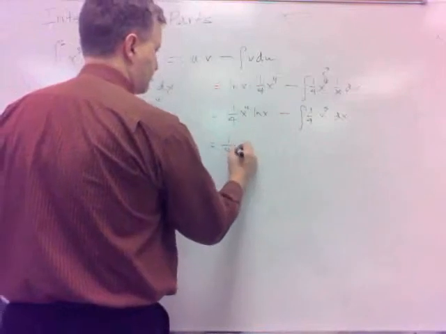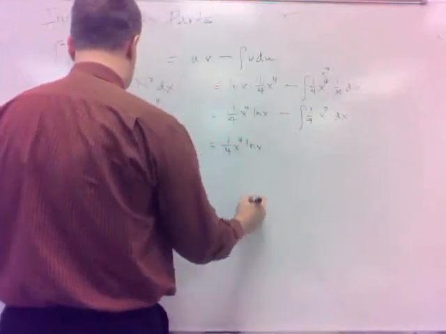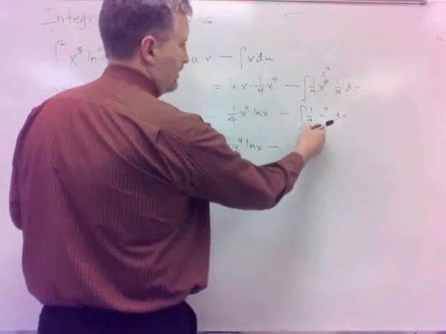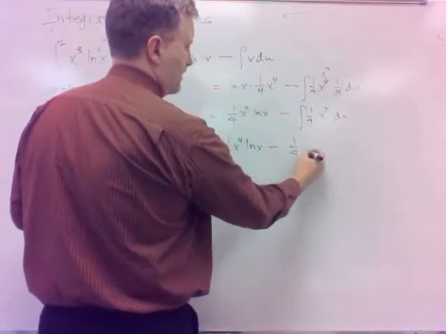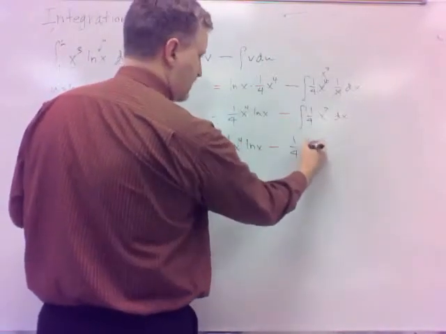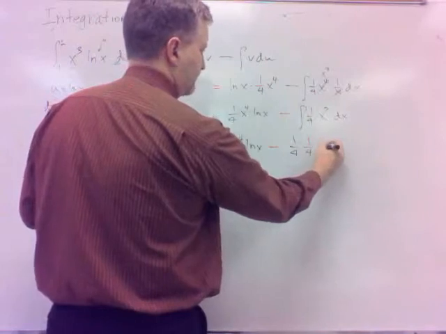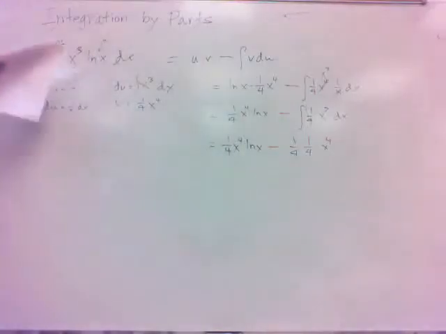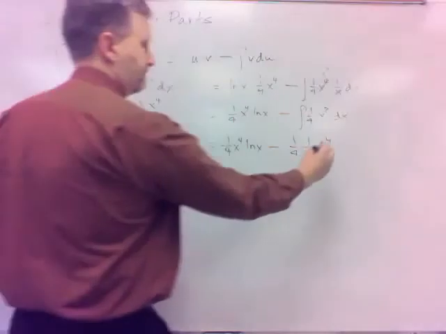So the 1/4 x to the 4th ln of x minus, well, the antiderivative here would be, bring down your 1/4, and the antiderivative, that would be another 1/4 x to the 4th, wouldn't it? Then the other part to this, remember, don't forget it, this is a definite integral, so I want to go 1 to 2 on that.